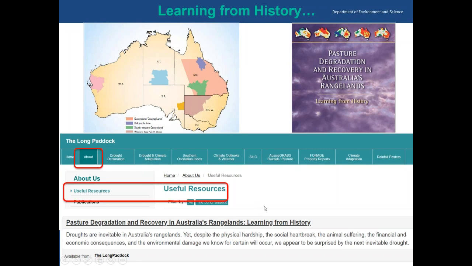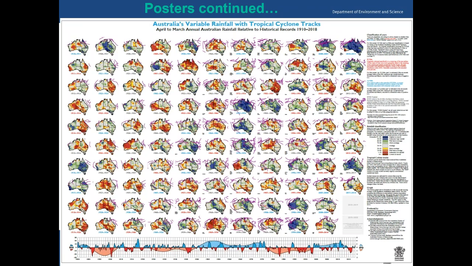Moving along, we go to our Australia's variable rainfall poster with tropical cyclone tracks. The information around it is still the same. We go from 1 year in the past to the most recent year. We have a sidebar that explains all the classifications, and we still have our IPO SOI time series down the bottom here.